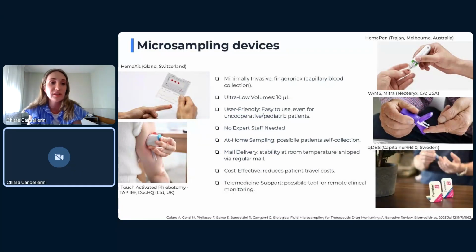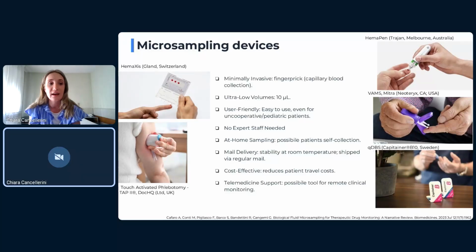So shifting to at-home monitoring can be possible with the use of capillary microsampling devices. These are techniques based on a finger prick, a little prick that can collect a small volume of capillary blood.